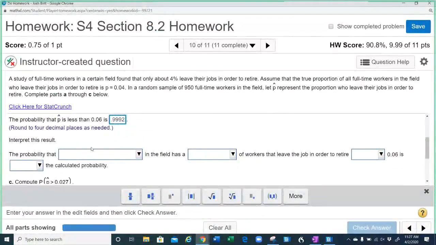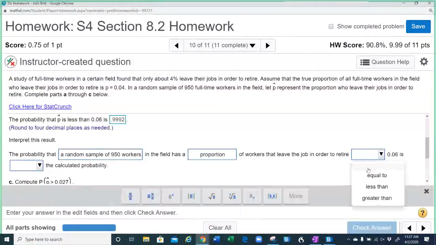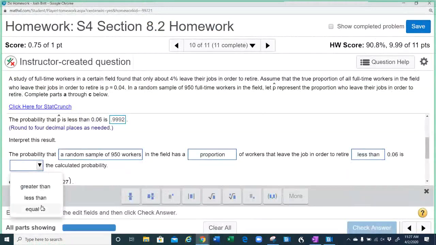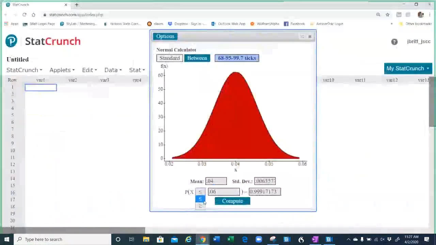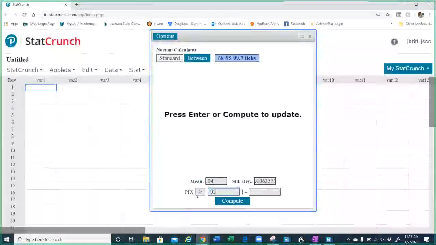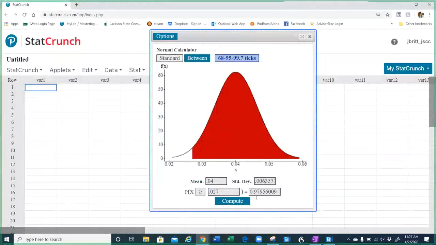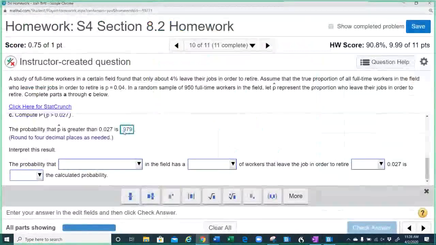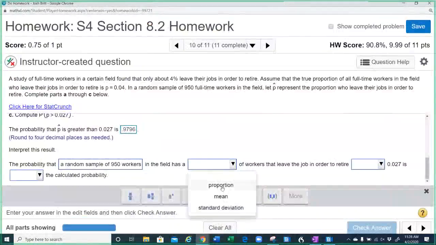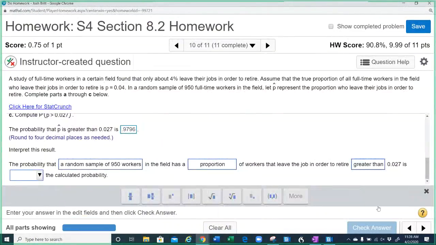All right, and the probability that a random sample proportion is less than or equal to, and then greater than 0.027. 0.027. 0.9796. And that proportion greater than is equal to the calculated probability.